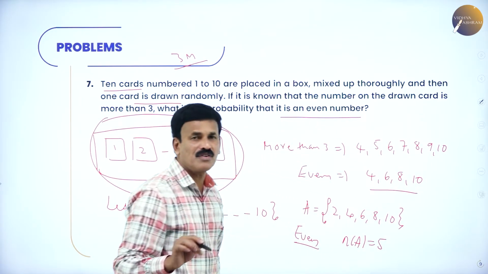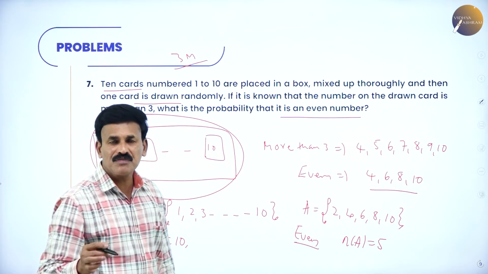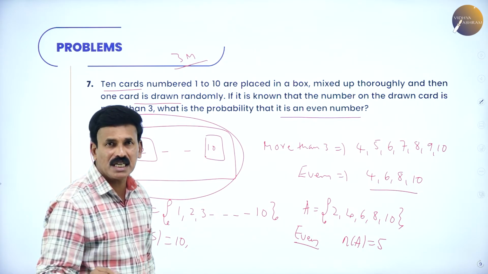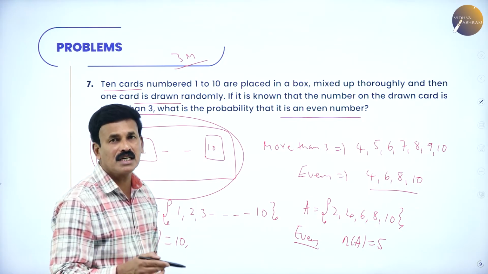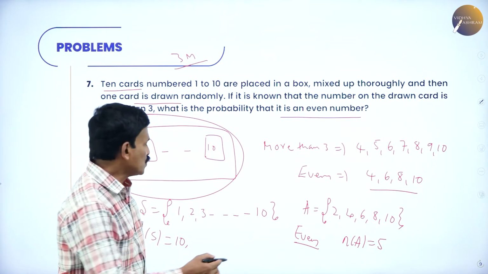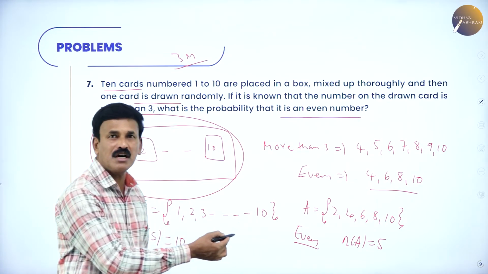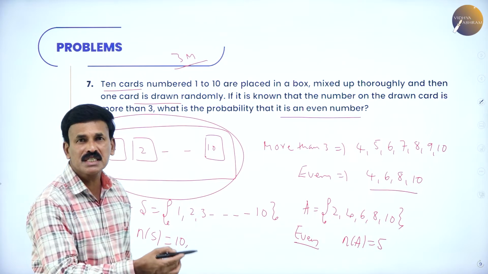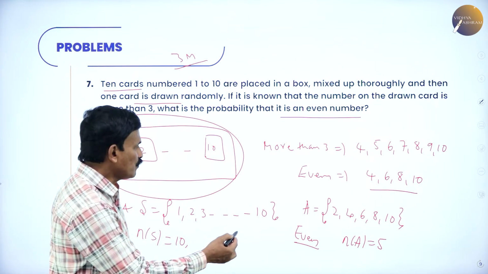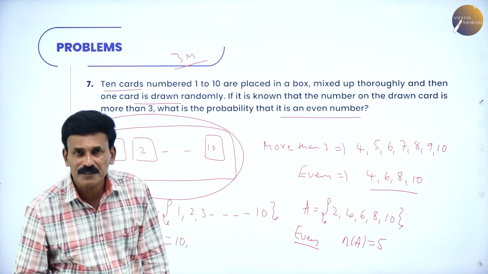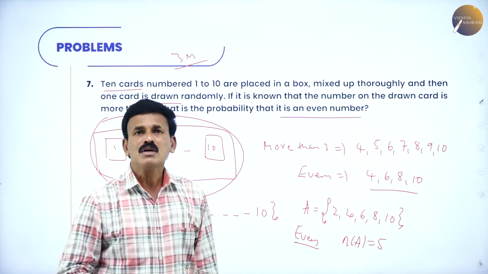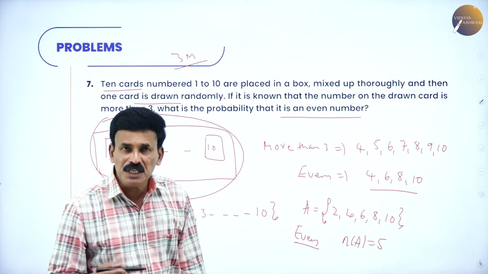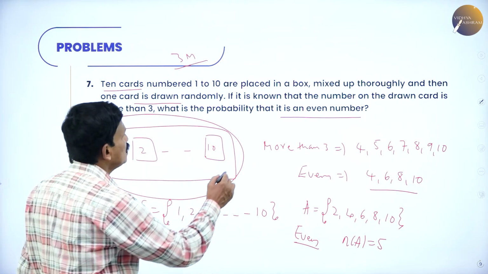Let us define the first event A such that the number drawn on the card is even. The even numbers from 1 to 10 are 2, 4, 6, 8 and 10. So therefore n(A) is equal to 5. Now let us define another event B. What is the given condition?